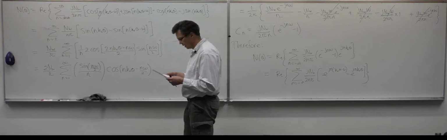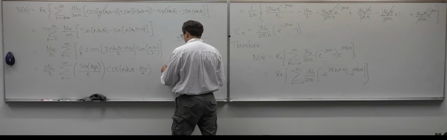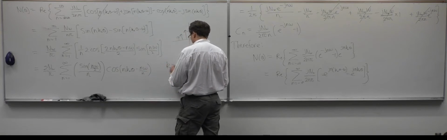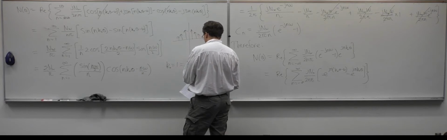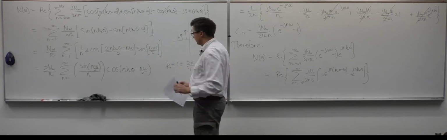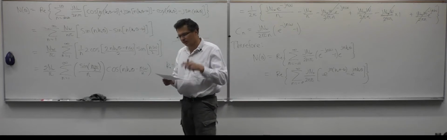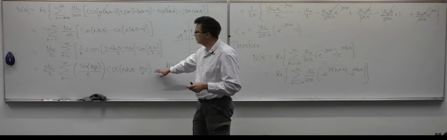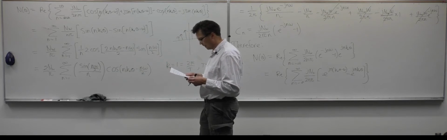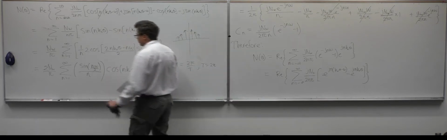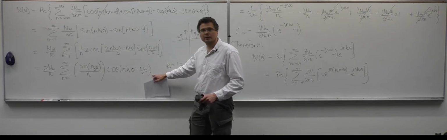Remember, k naught in this case is 1, because k naught is 2 pi over the period, and the period was 2 pi. But for the next case, we can actually reuse this equation for the second part, so that will be helpful. So before going over this, I'm going to go over the other 2 windings.